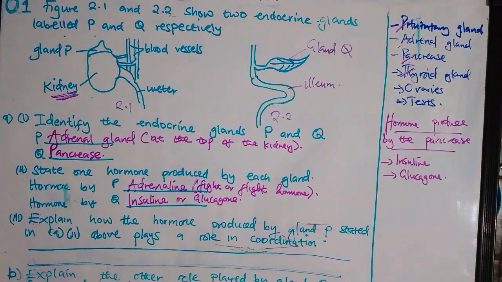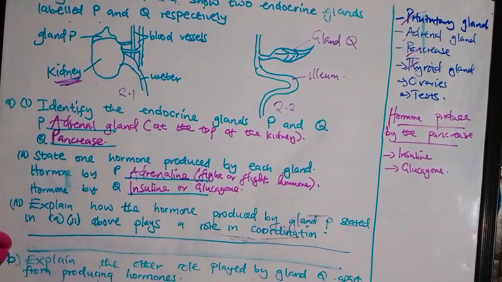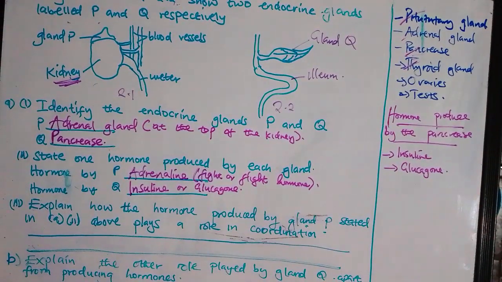Once it is produced by the adrenal gland, it boosts the changing of glycogen to glucose. It basically increases the energy levels in your body. So whenever you hear the word adrenaline, you have to think about all the organs which are responsible for increasing energy in your body. What are those organs?